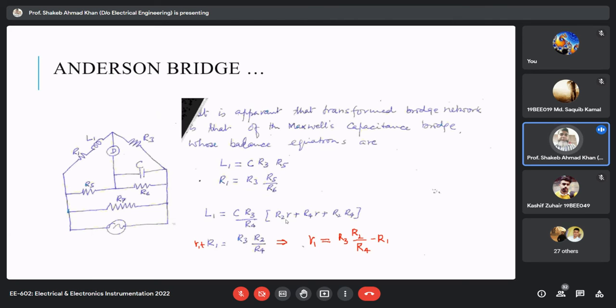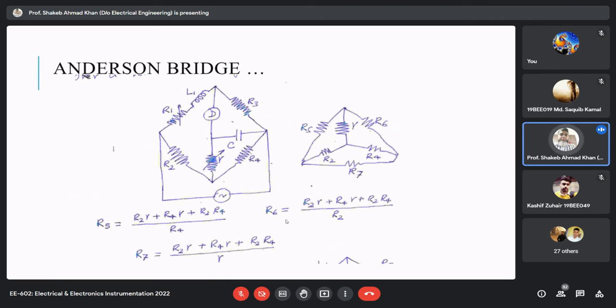So the sliding balance problem will not be there. That's why this bridge is considered a very good bridge, because whatever desirable situation we want in an AC bridge, this bridge offers. From the accuracy point of view also, this is a good bridge, because the variable components are variable resistances, and we are not forced to have variable inductance or capacitance.